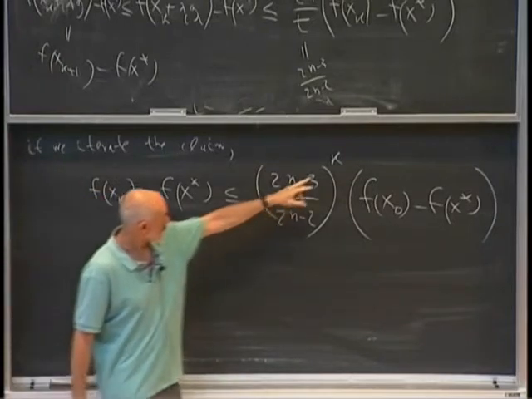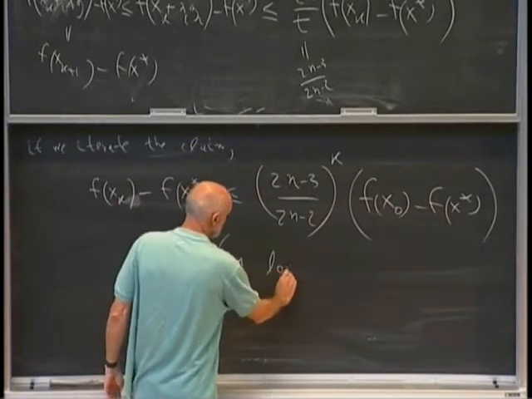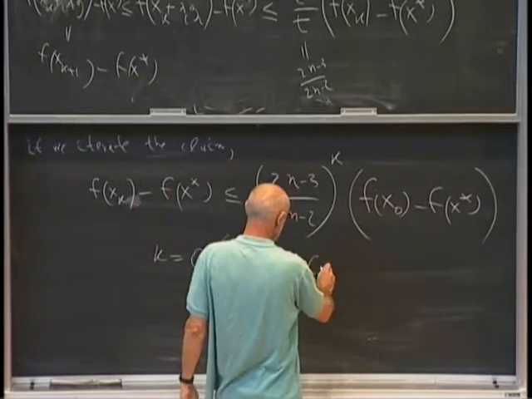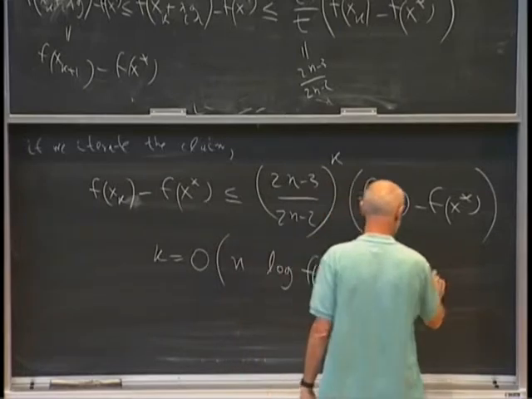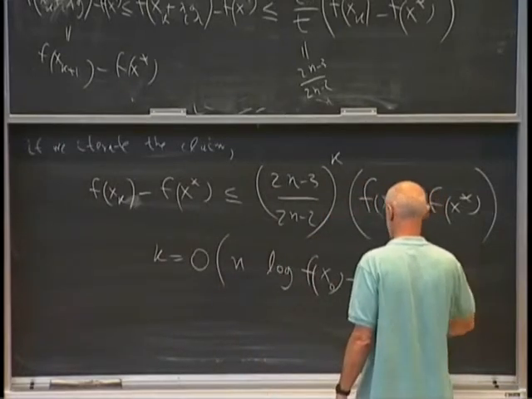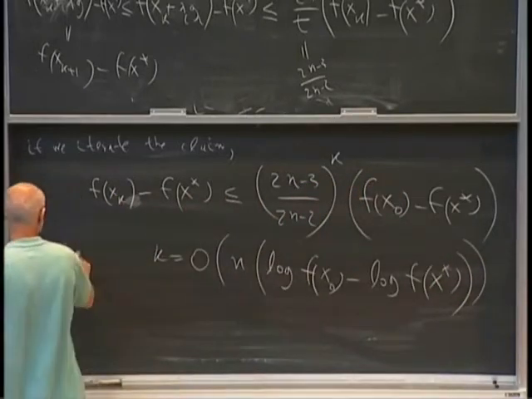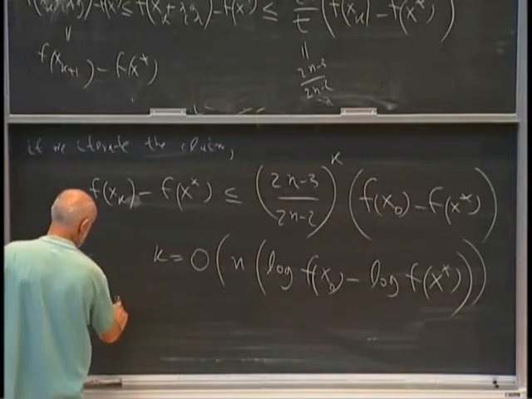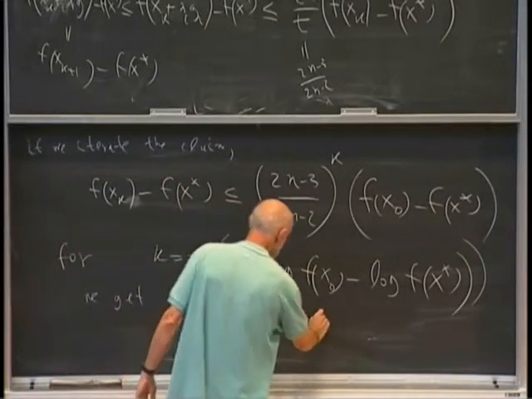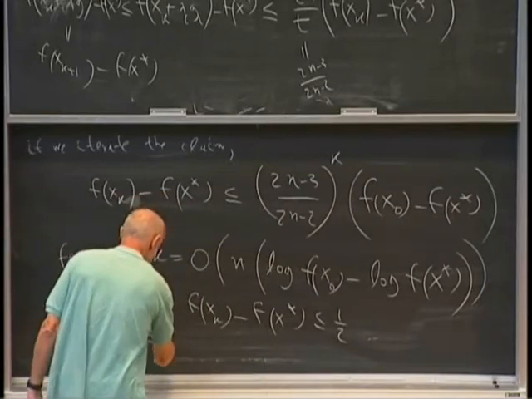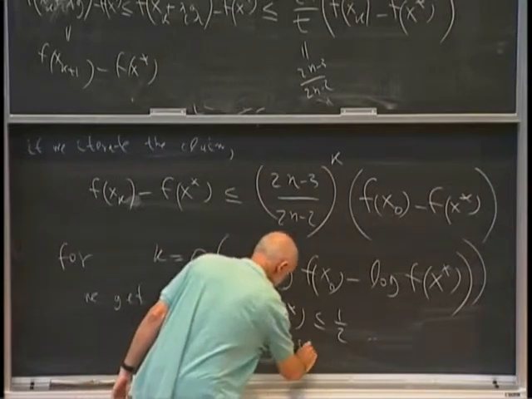If I take k, it's enough to take k something like a constant times n log f, the optimal value, or f(x_0), minus log f(x*). Then for something like this, we get f(x_k) minus f(x*) equal to a half, but then this tells us they're the same, since they're integer valued.